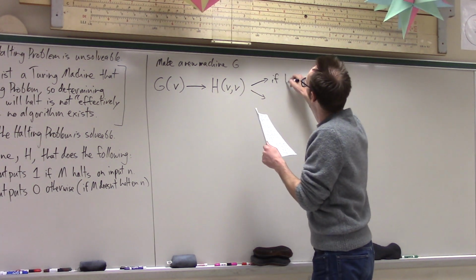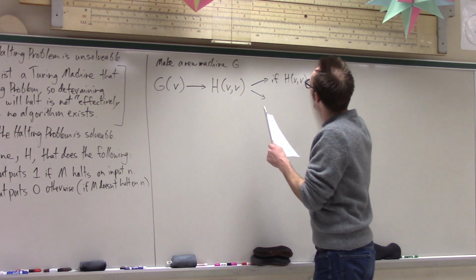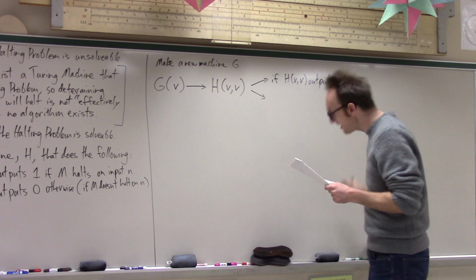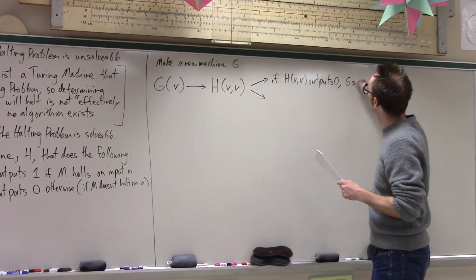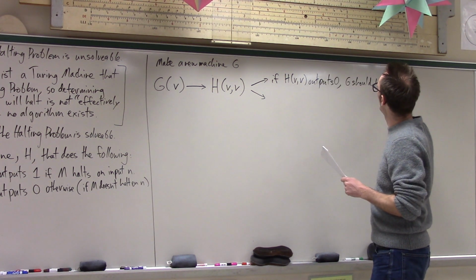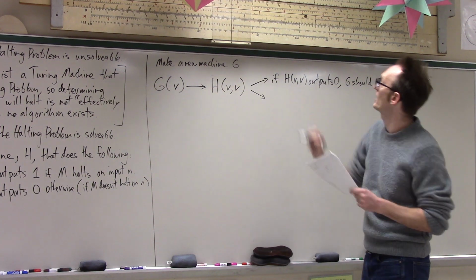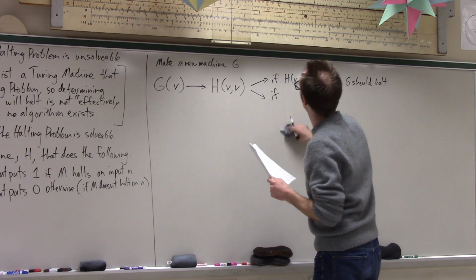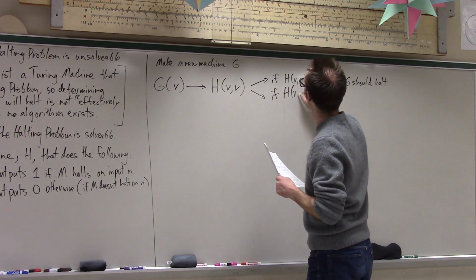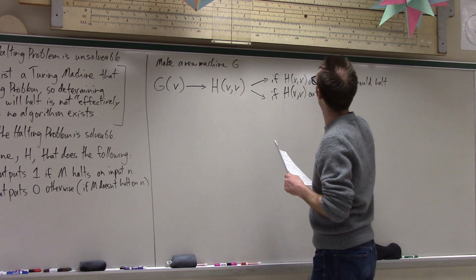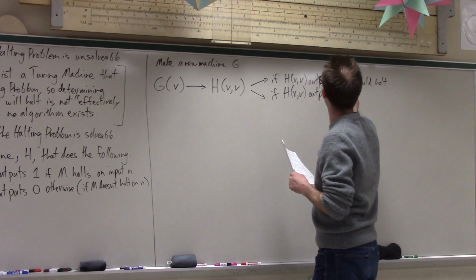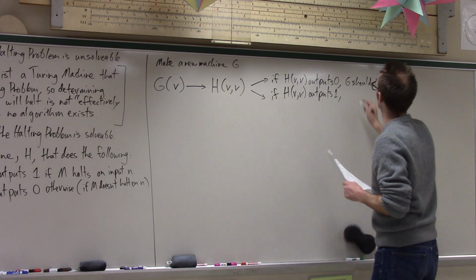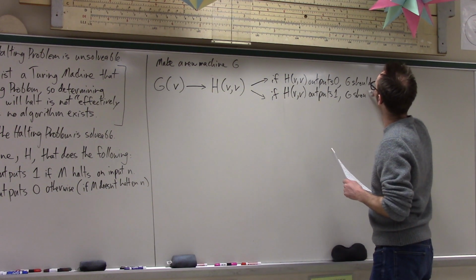And if H of V, V outputs 0, then G should halt. I'm defining what the G machine does. And if H of V, V outputs 1, then G should go on an infinite loop.